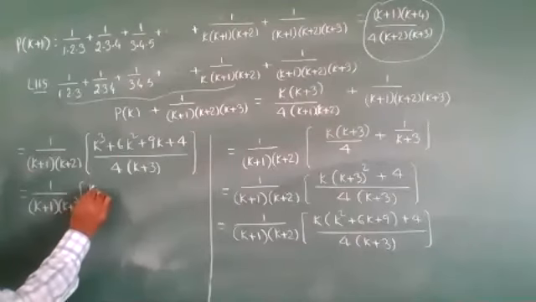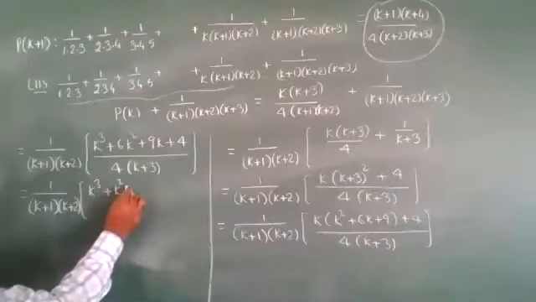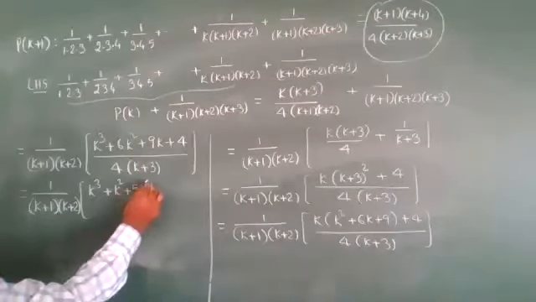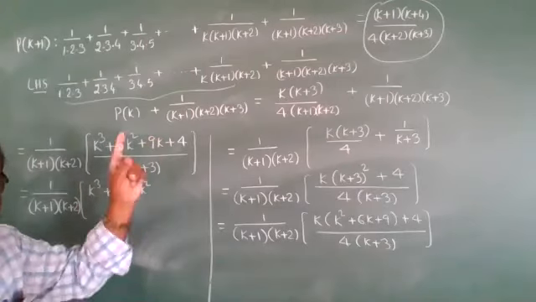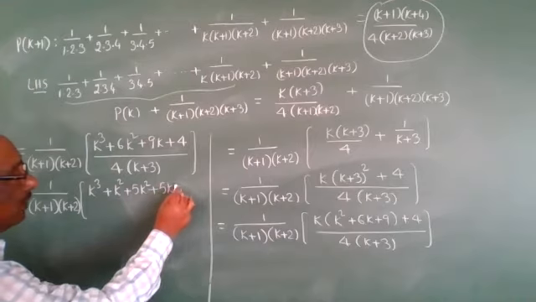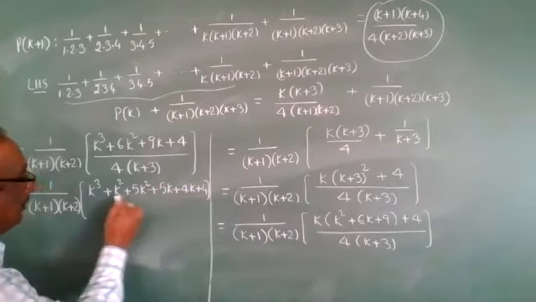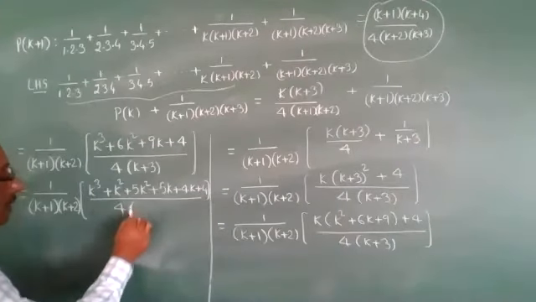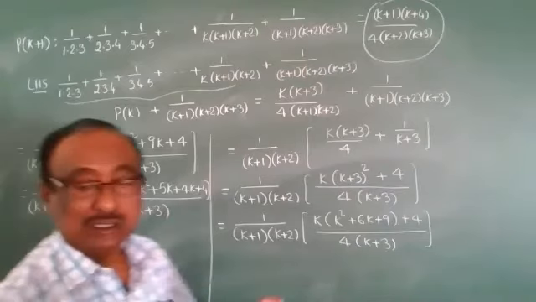Everyone observe, k cube, 1k cube, that's why k square and 5k square, then 9k can be written as 5k plus 4k plus 4, upon 4 into k plus 3.